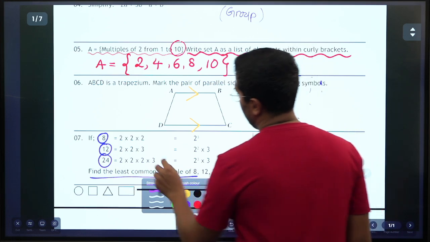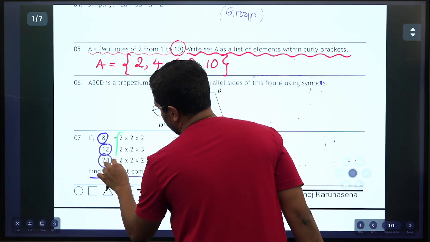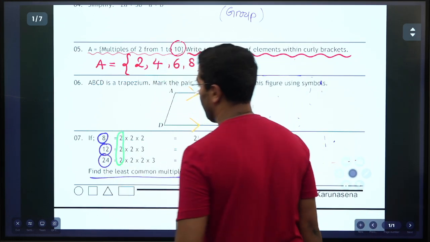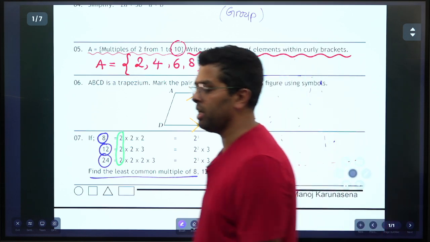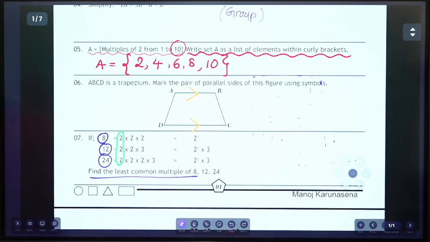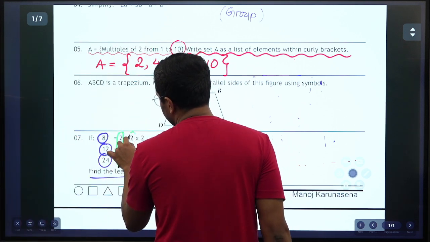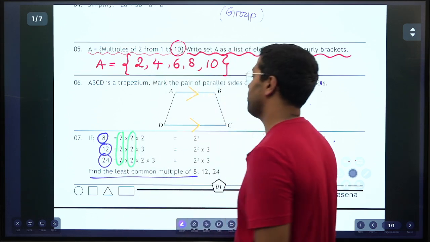Let me circle out the common values. This number 2 is common for all these three numbers. Do we have common values like this again? Yes, this number 2 is also a common value.